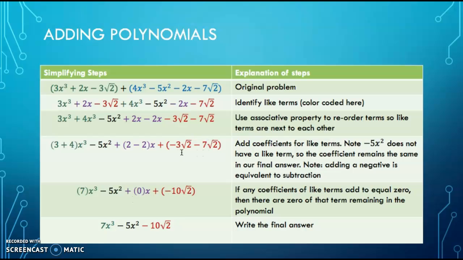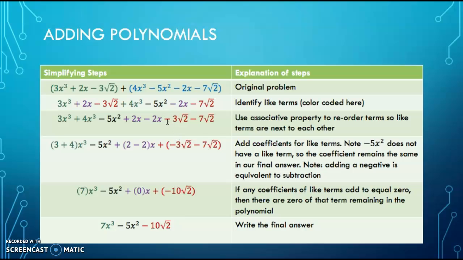And now notice also I have some like terms here with the radicals. I've got negative 3 root 2 minus 7 root 2. That adds up to make negative 10 root 2. So adding a negative is also the same as subtraction. You'll notice I did write in here plus negative.